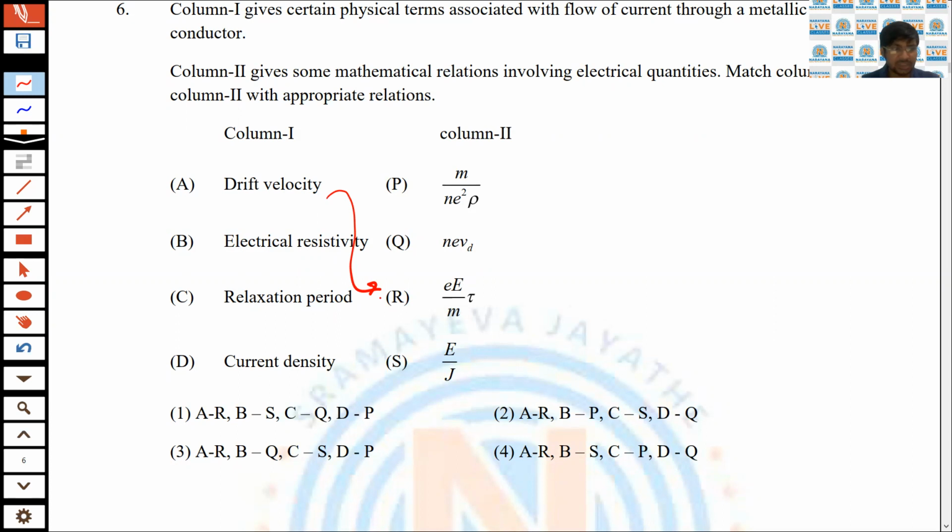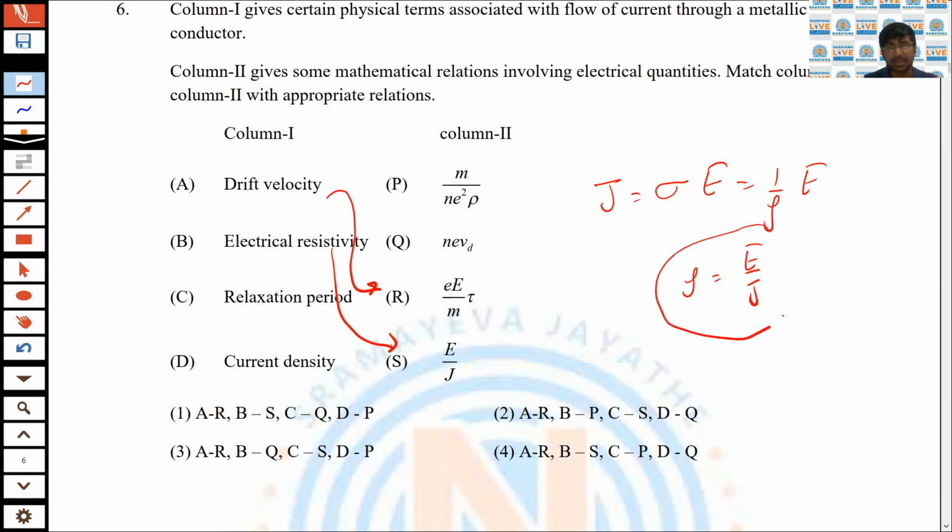The electrical resistivity is obviously E by J, because we know the formula J is equal to sigma times E, and sigma is 1 by rho. So the value of rho is E by J. That is the resistivity.